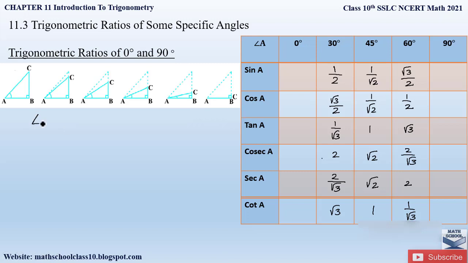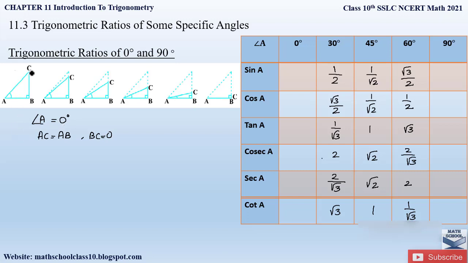So when angle A is equal to 0 degrees, the side AC of this right angle triangle will be equal to AB, or it overlaps on the side AB, and the side BC keeps on decreasing and becomes 0 when the angle A is equal to 0.